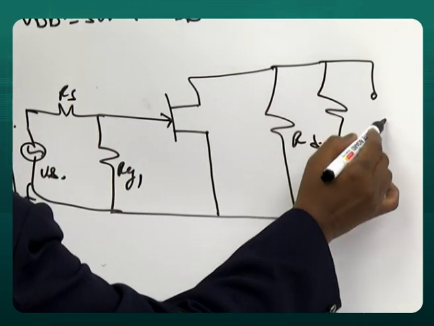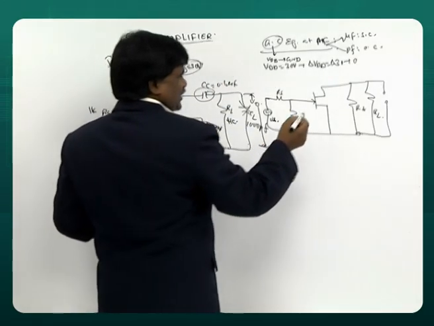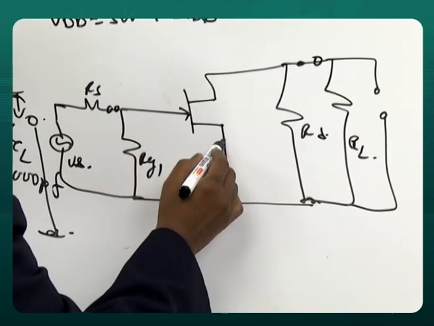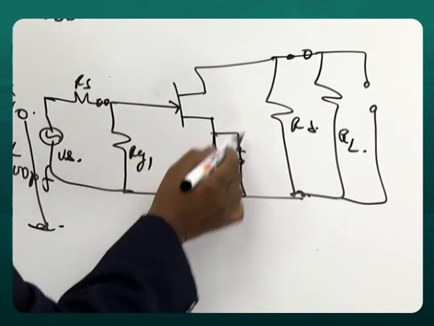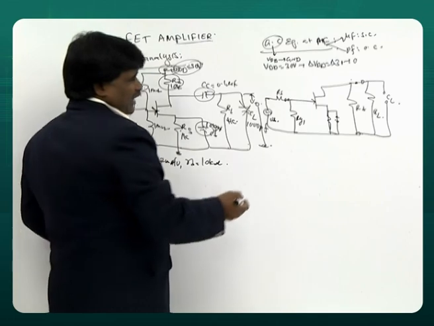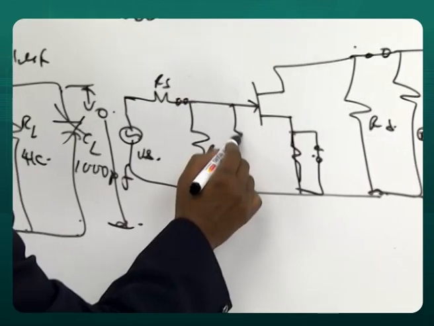And CL, of course, open circuit. So there is a capacitor that got shorted here, a capacitor that got shorted here, and a capacitor that got shorted there. So microfarad shorted, pico open. And in another resistor, don't forget, RG2 is already there.